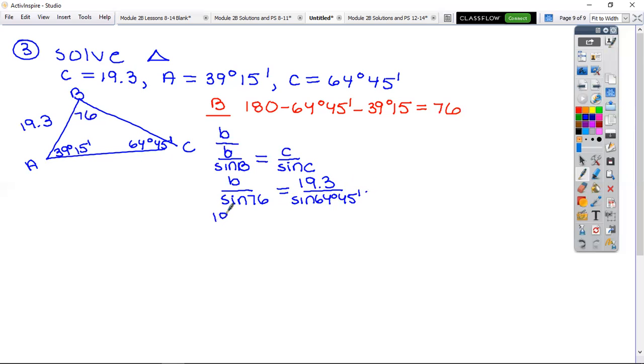So I get 19.3 sine of 76 equal to b times the sine of 64 degrees and 45 minutes.